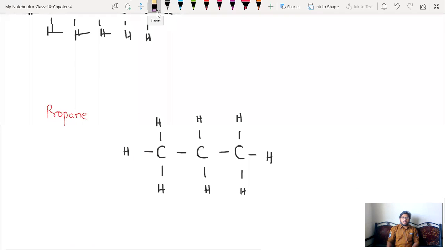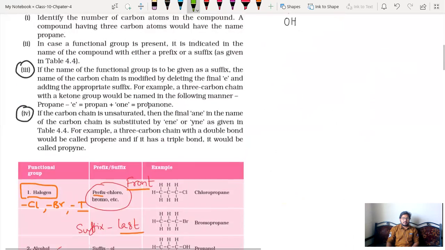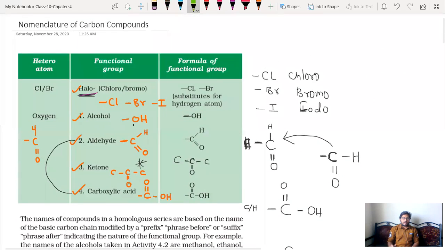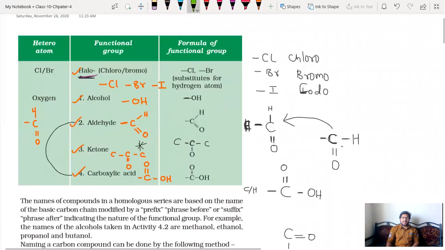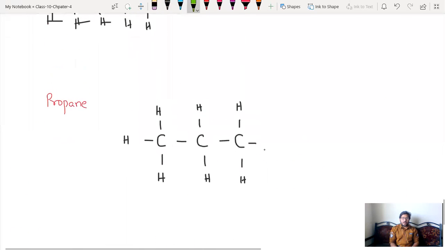Consider we removed one hydrogen here, and if you add, you see the first one, alcohol. Alcohol means bond OH, isn't it? So if you represent it, the bond is already there, no need to draw any extra bond, guys. Don't draw an extra bond like this. Already the bond is present.